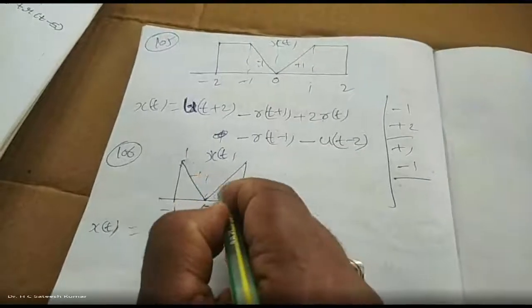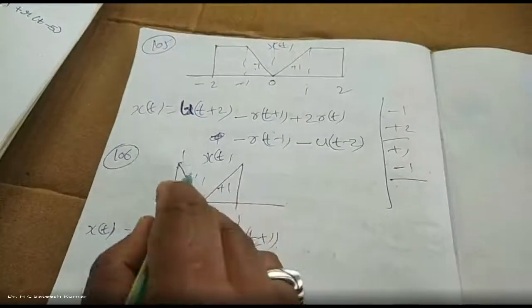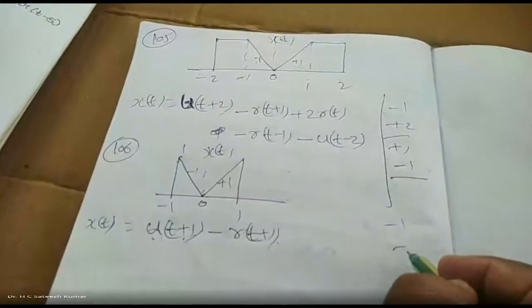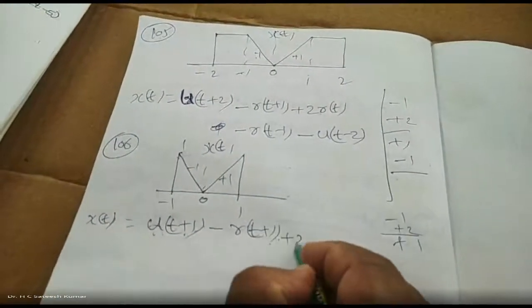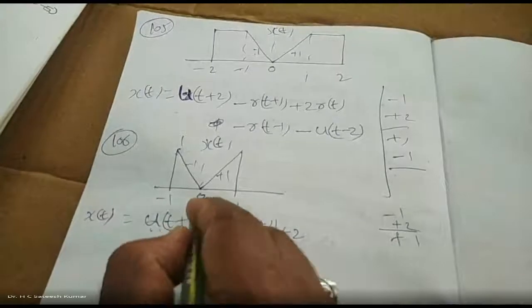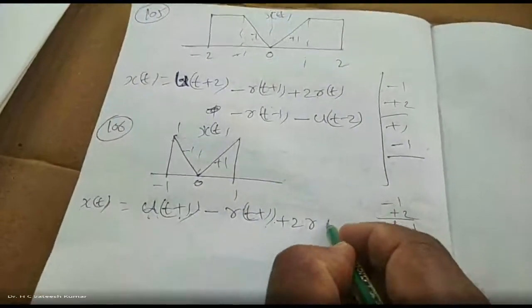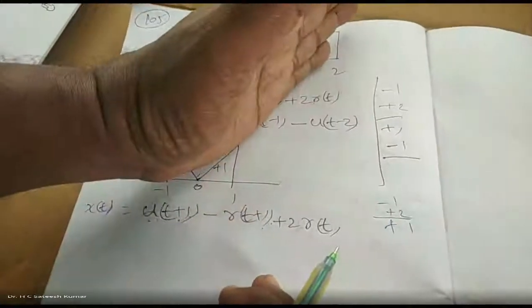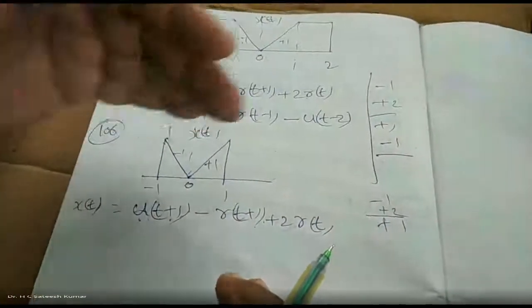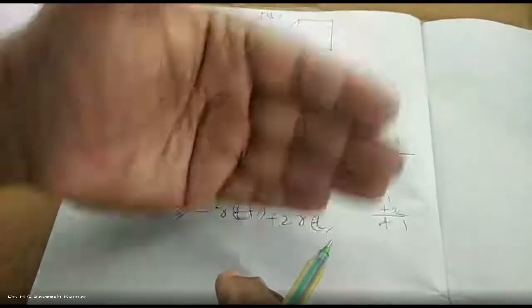Now I have a slope of minus 1, and how to convert it to plus 1? So add plus 2, from 0: 2 r of t. Now I am going with a slope of plus 1. Now I want a slope of 0. First you make it 0, then it can come down.